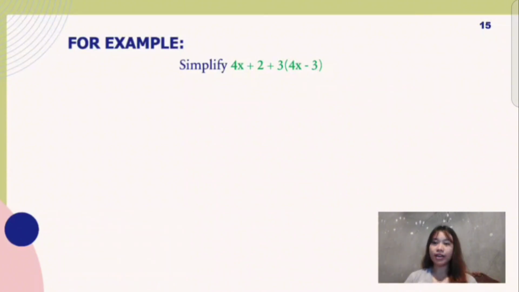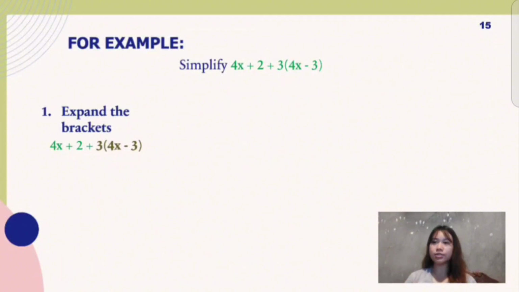To identify what comes first, we just think of the GEMDAS principle. First, we will expand the brackets. That's the first step. In this expression, we have 4x minus 3 enclosed in a bracket. So we need to expand this.